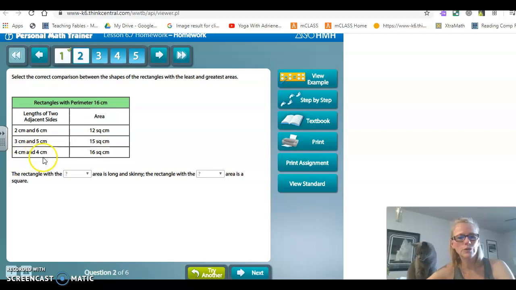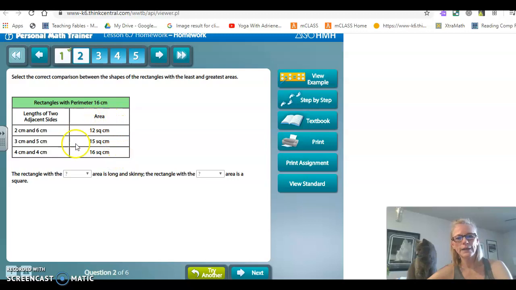I hope on that one you're thinking, hey, I know that's a square, because all sides of a square are the same measurement. If you're stuck, read the whole thing. Area 12 square centimeters, 15 square centimeters, 16 square centimeters.